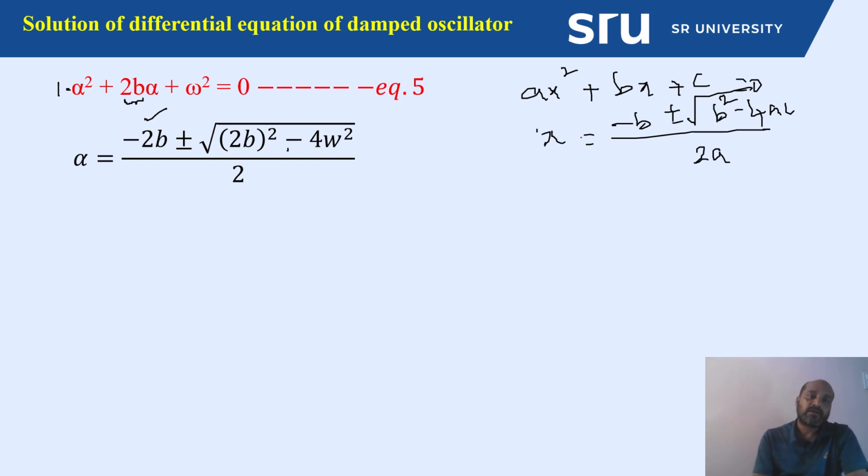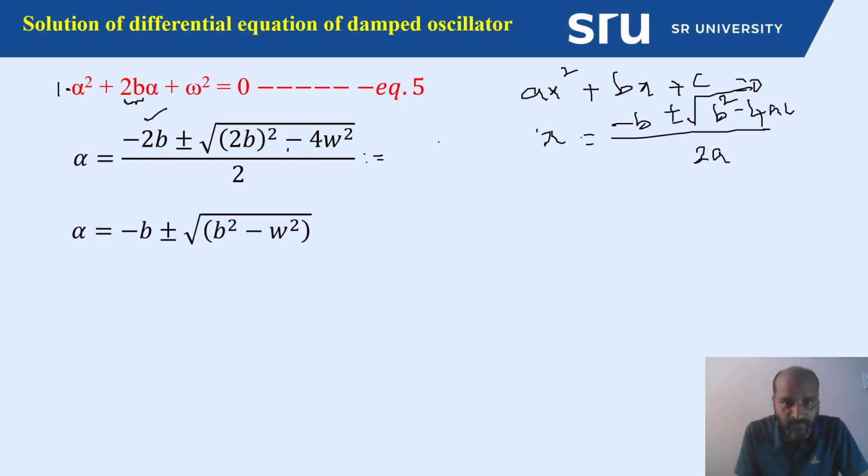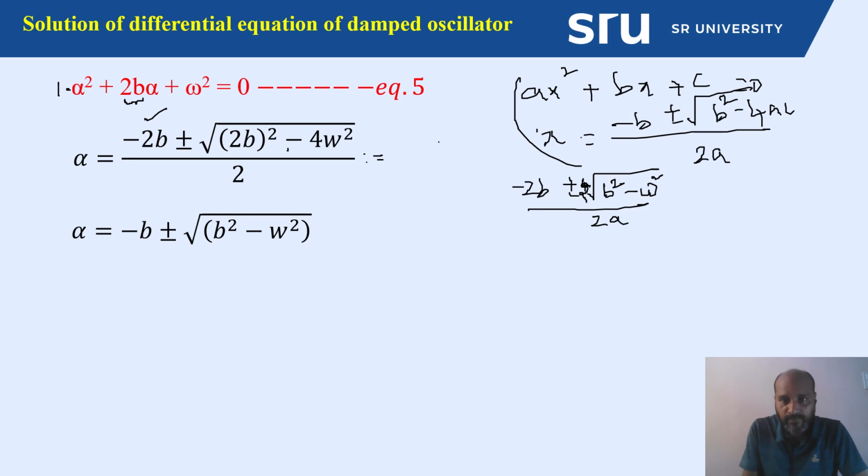And here (2b)² is 4b². So within the root you can take 4 common. We write −2b ± √, and if we take 4 common, out of the square root it will be 2, times √(b² − ω²), over 2. Now you can take 2 common from both the terms, so that 2 will be cancelled.